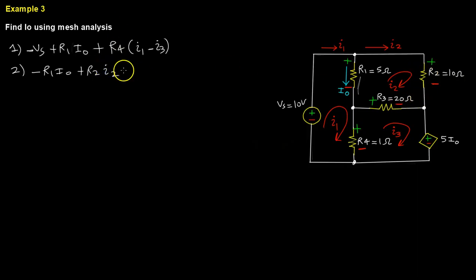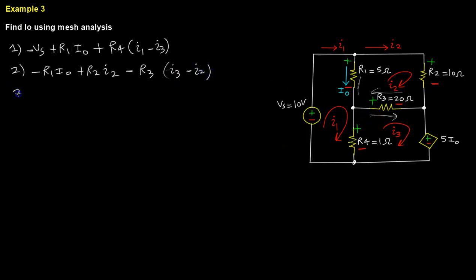I go down and I see the negative terminal of R3. That's going to be I3 minus I2 because I3 goes this way, it goes with the voltage drop, and I2 goes against it. So it's going to be I3 minus I2.